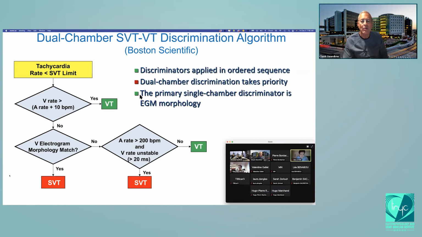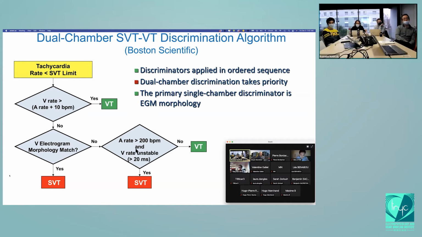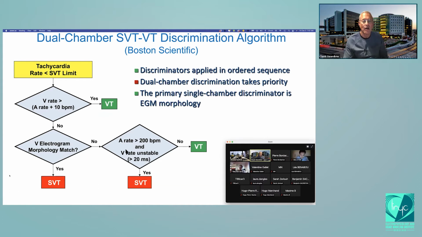And the second key point is the primary single chamber discriminator is the shape of the electrical signal. Like, does it look like the sinus beats or not? And then finally, if it doesn't, they use another analysis based on intervals, and they say if the atrial rate is really fast, and we think this is atrial fib, the ventricular rate is irregular, and it's irregular enough, then we know that rapidly conducted atrial fib can have some aberrancy.